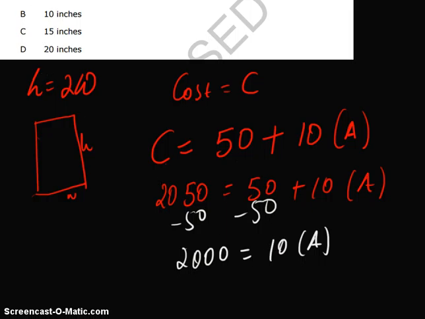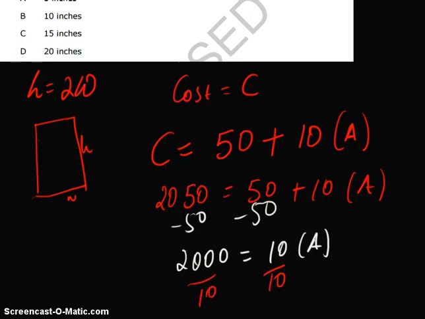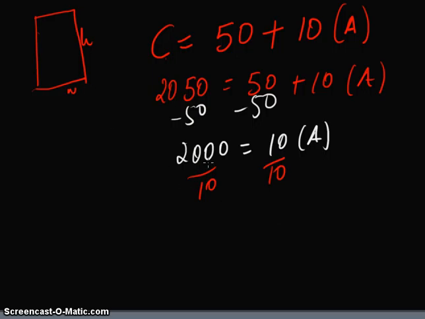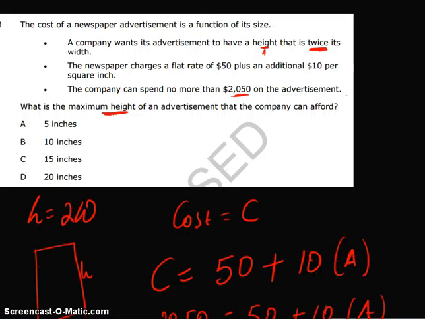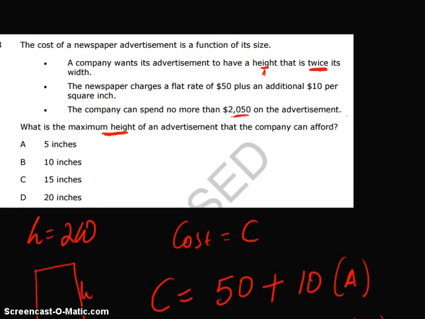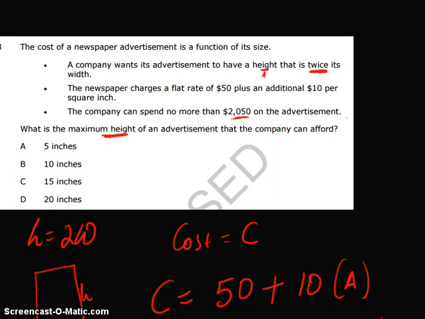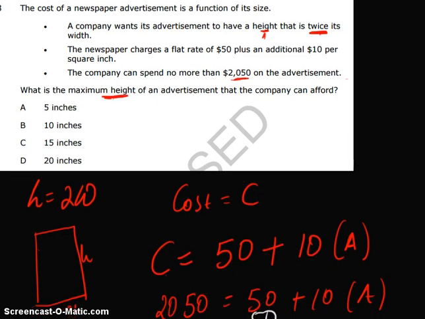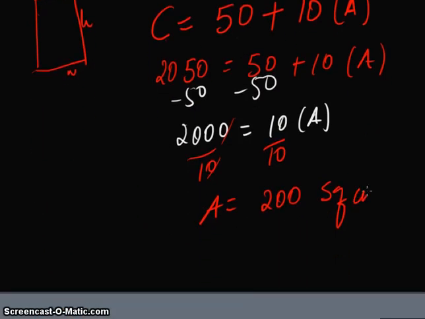Then I divide both sides by 10, and the maximum area they can afford is 200 square inches, or square units, whatever the unit is. It doesn't really say, so I'm going to use square units. So this is the area.